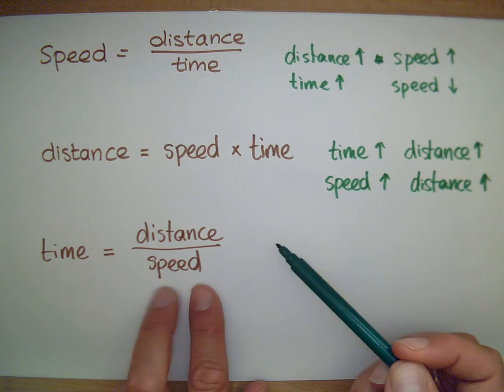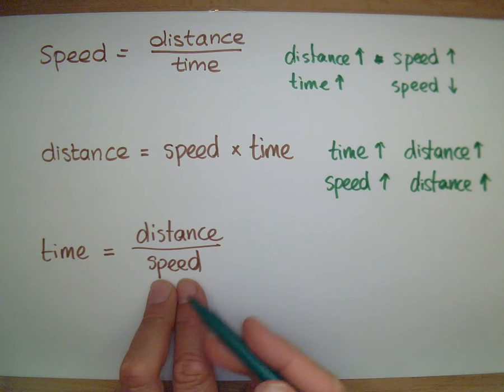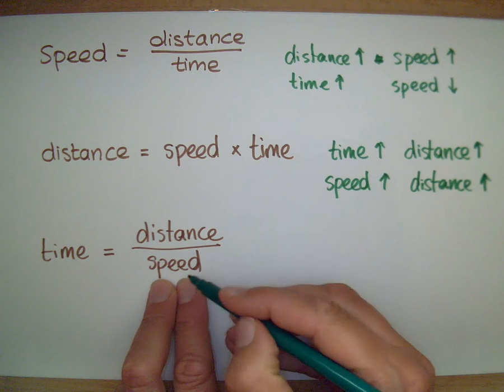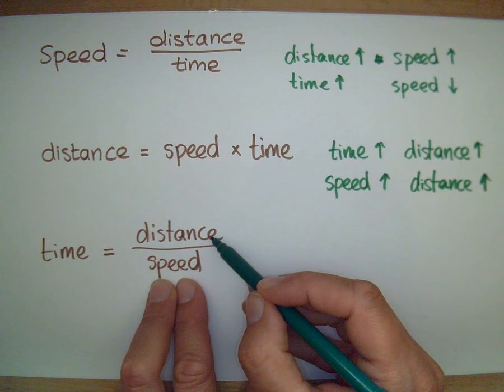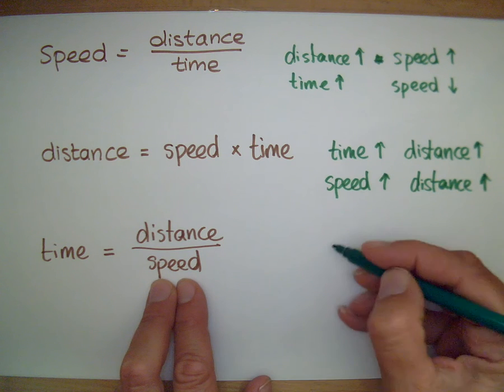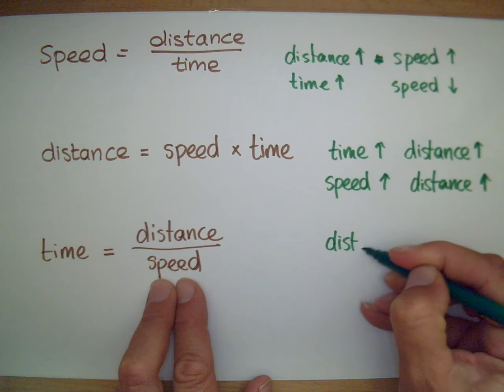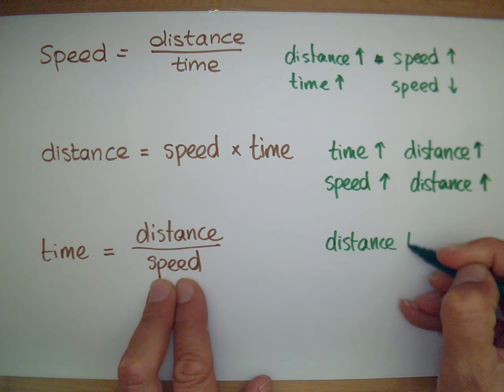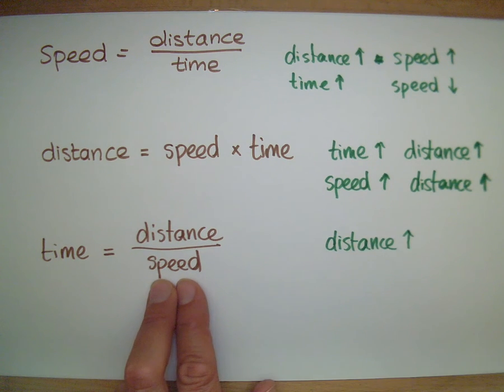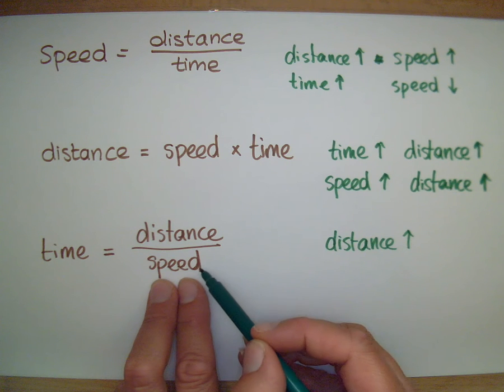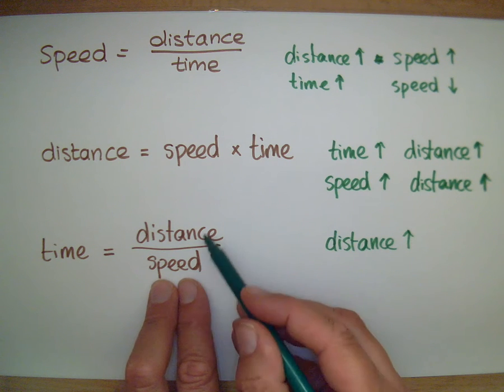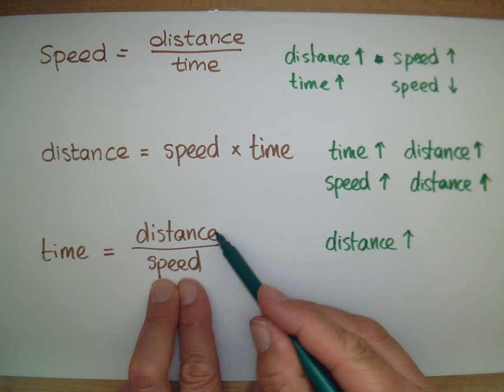Say our speed is set at 120 kilometers per hour. And the distance we need to travel is further, like at this speed of 120 kilometers per hour, we need to go further, a longer distance.